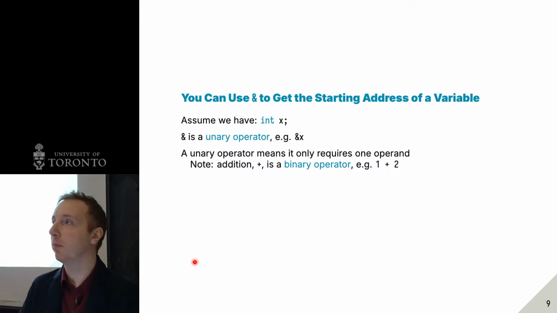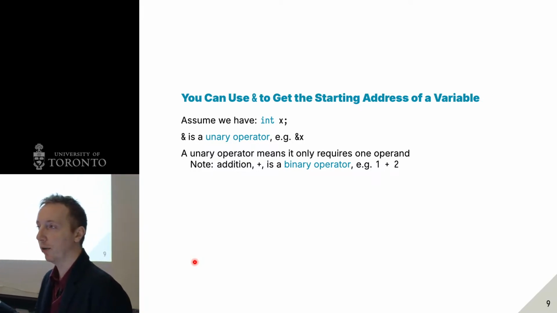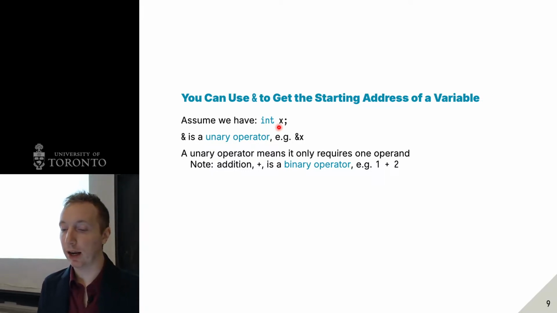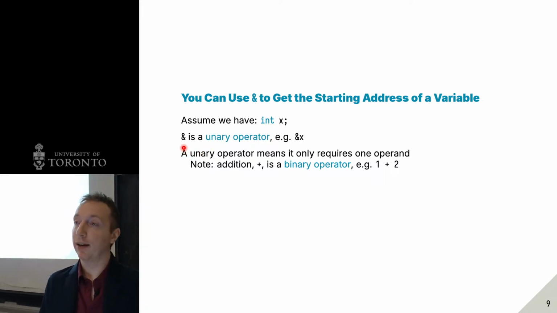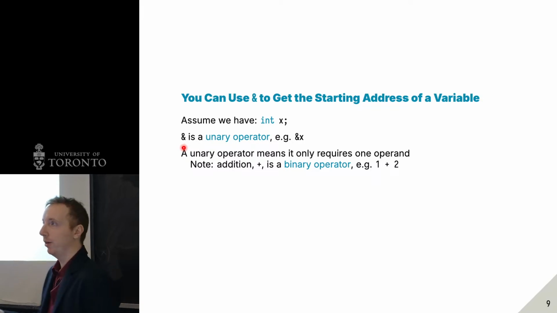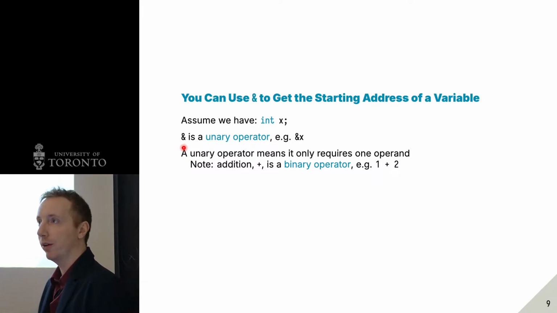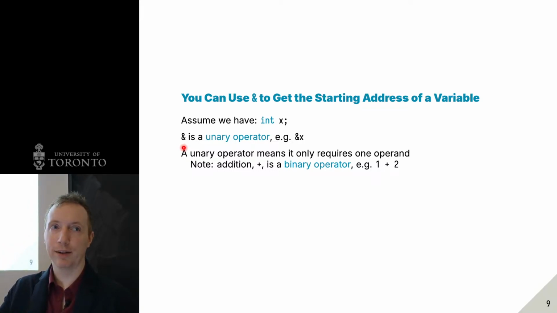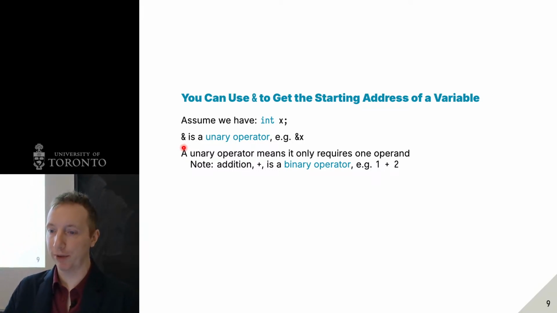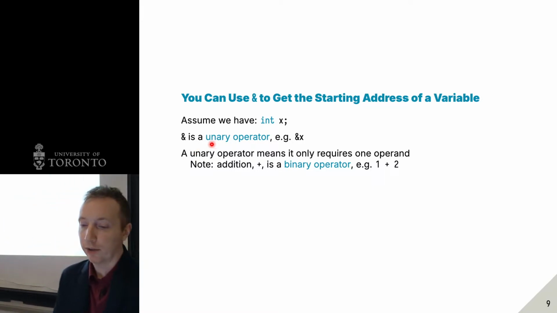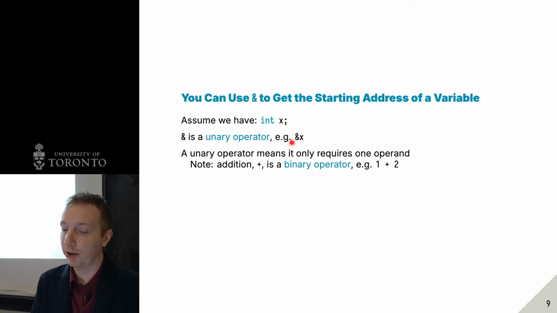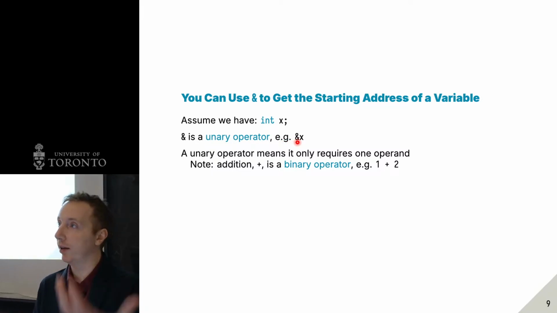It's going to be some giant number. We don't really care what it is. We just need to know what it represents. So if I have int x, the ampersand is something called a unary operator. If you're used to mathematical operations, like negative x, it's a unary operator that just flips the sign of the x. So the ampersand character is also a unary operator, so it only acts on a single variable.